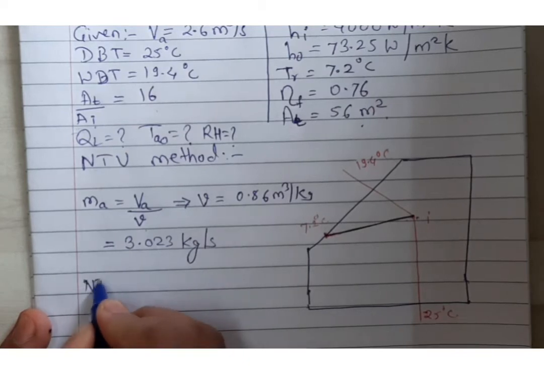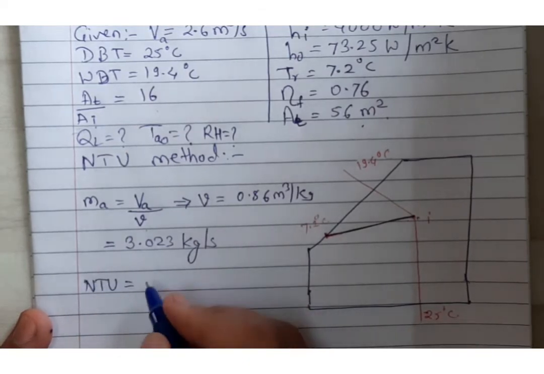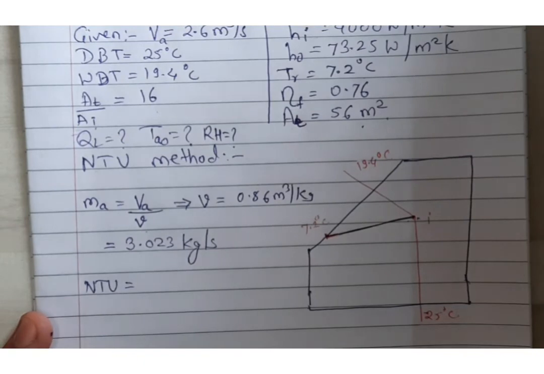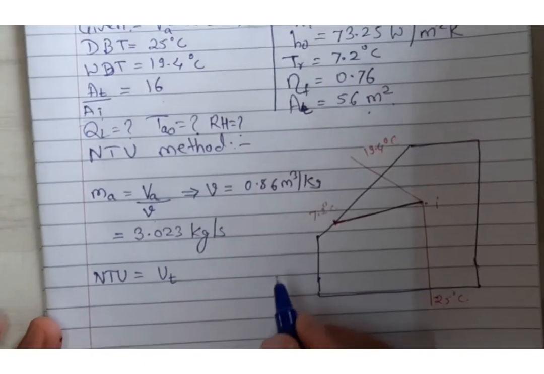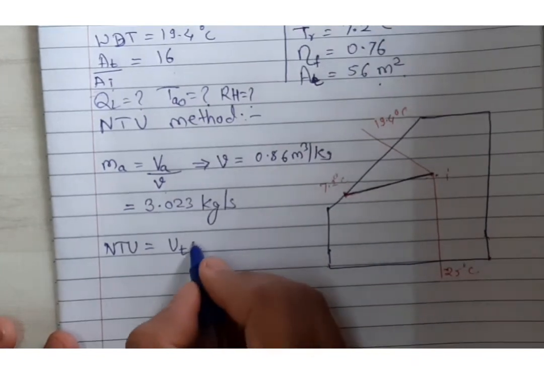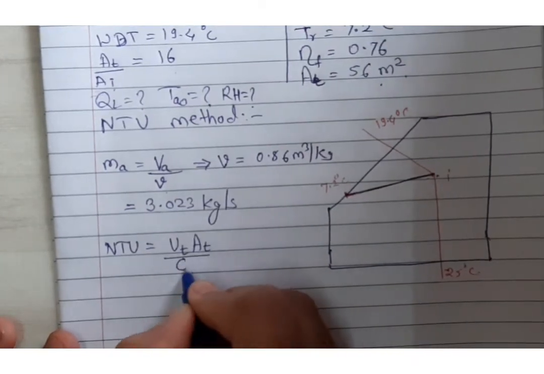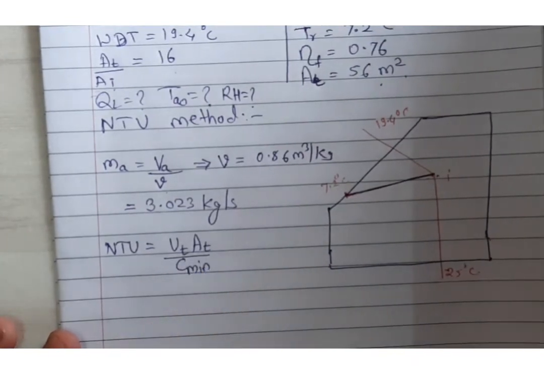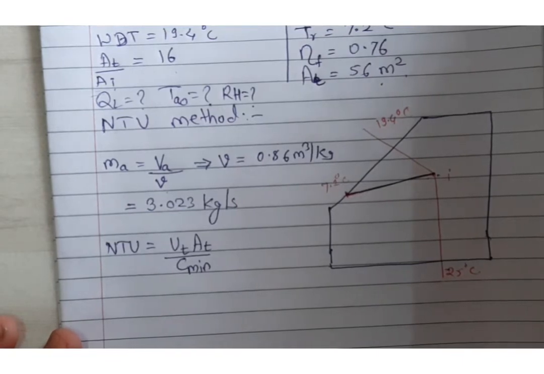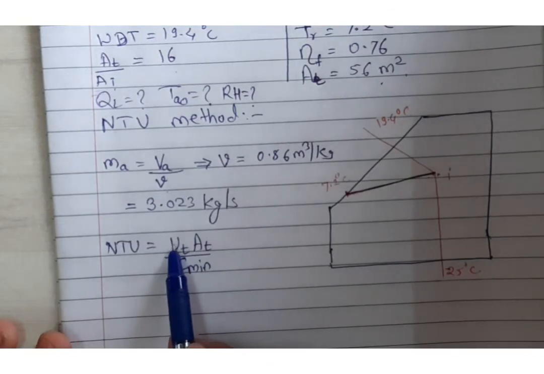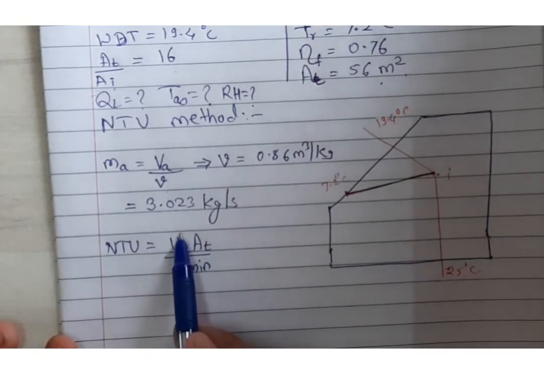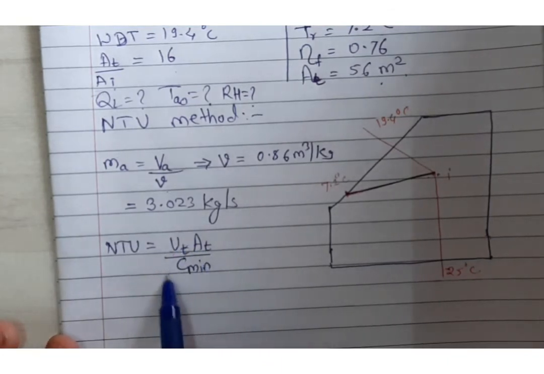Now as per the NTU method, we know that NTU is equal to total heat transfer coefficient into total area upon C minimum. Now here again we are supposed to find the total heat transfer coefficient, as well as C minimum.